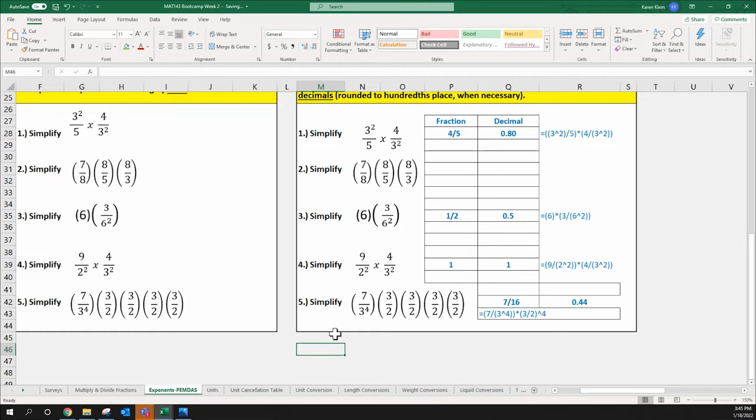Any questions about that? Now, how do we do this by hand? So I'm going to switch back over to my iPad and just do a couple of these by hand.